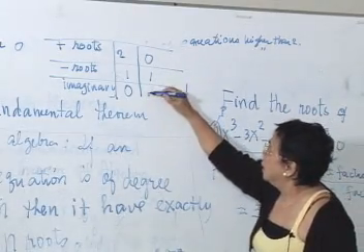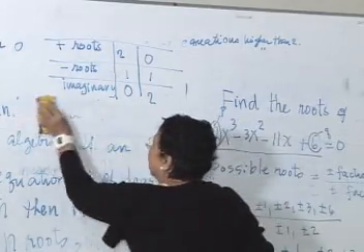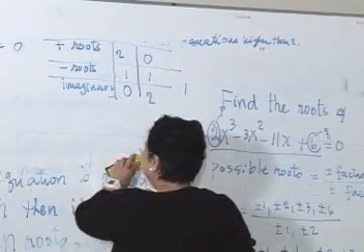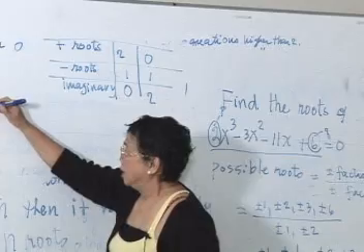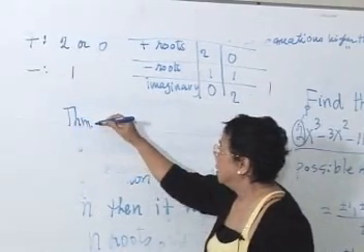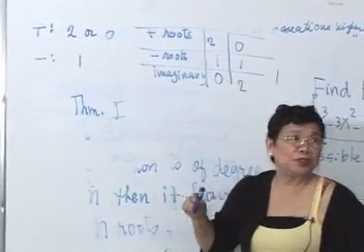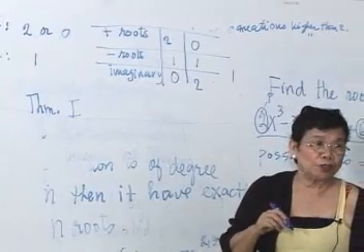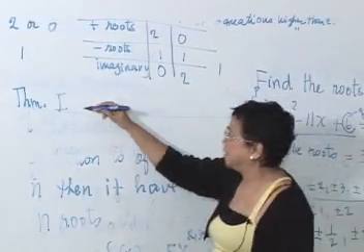Now, we have another theorem which says that imaginary roots occur in pairs.